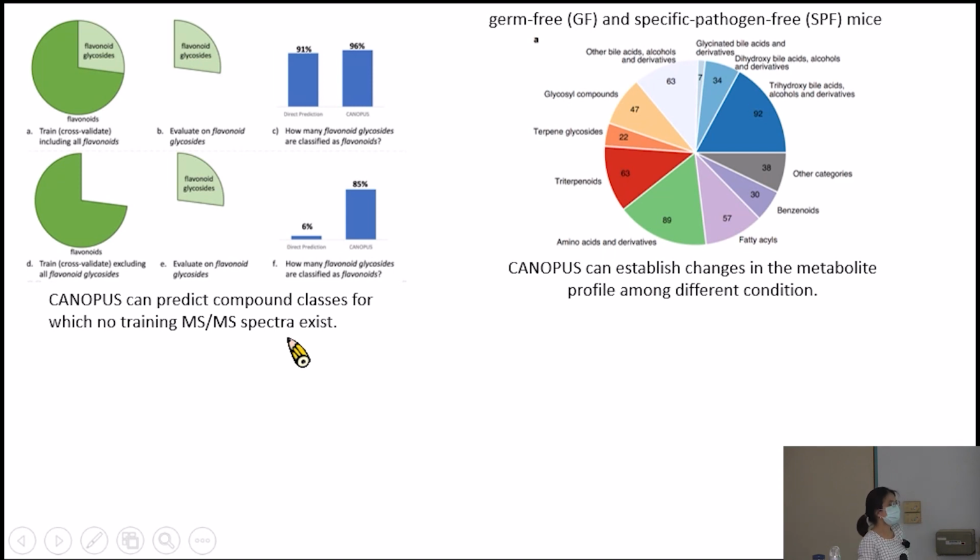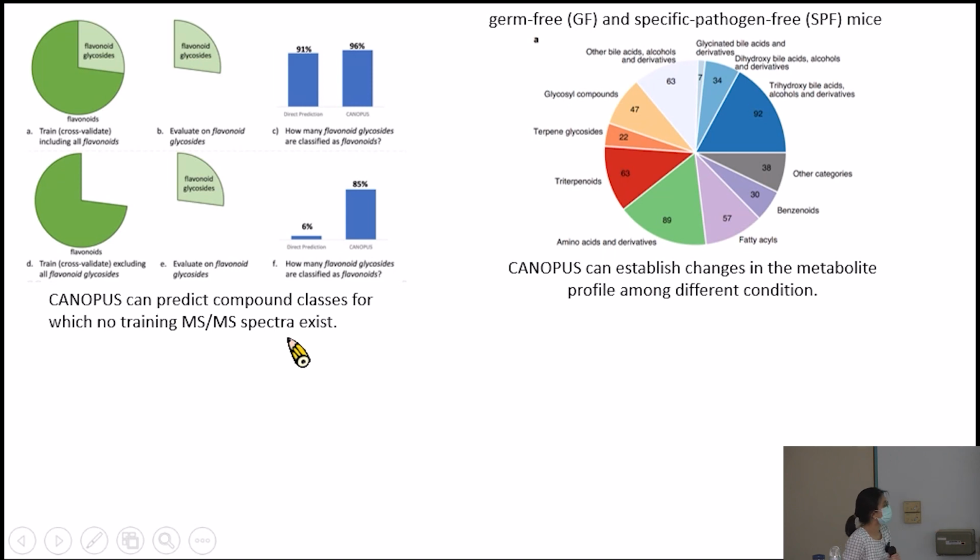When we are working on metabolomics analysis, we are really interested in identifying the metabolomic changes in our conditions. So if we can provide a platform that can identify the metabolite changes in our samples, that would be very useful and powerful. And they also found that their approach can achieve this aim.